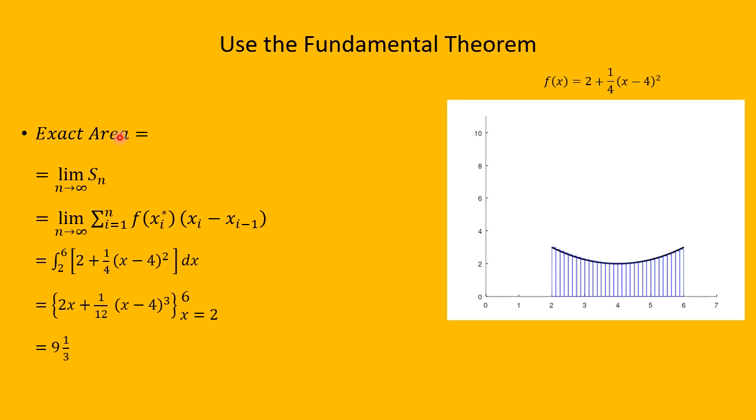So the exact area is the limit as n goes to infinity of that nth Riemann sum, and by definition this S sub n is just the sum, i goes from 1 to n, of f of x sub i star times x sub i minus x sub i minus 1.